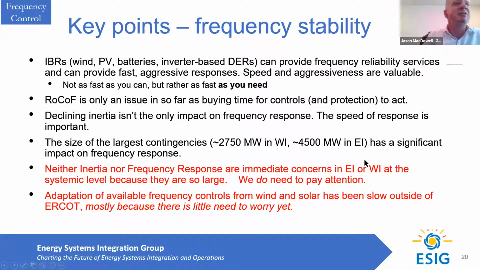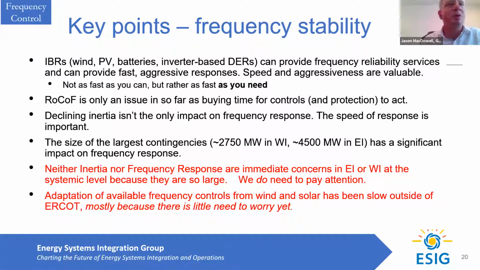So just quickly getting through this because we need to get through reactive power and others as well. Look, it's not an issue right now where frequency response is declining and it's not able to be recovered from inverter-based resources. We have the technology capability.